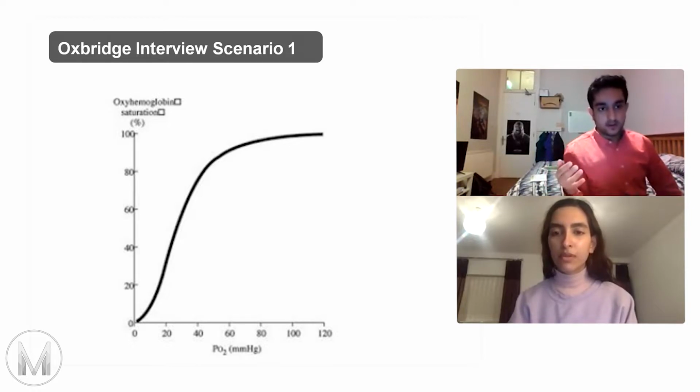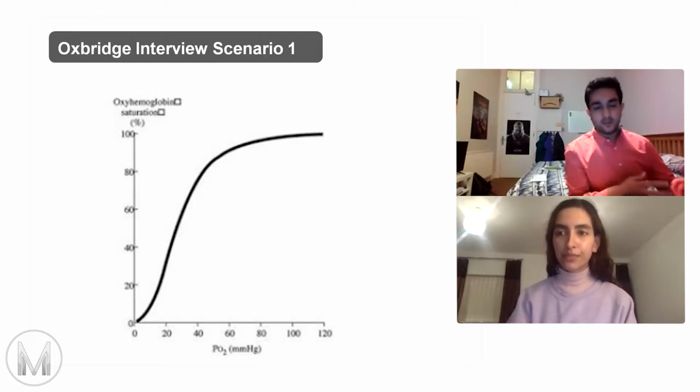This is because it's much easier for oxygen to bind to the hemoglobin molecule. But by the time it gets to the high partial pressures, because most of the oxygen binding sites will be full, it's going to make it slightly more difficult. So there's going to be that restriction where it can't get to that 100% level as easily at the high levels.